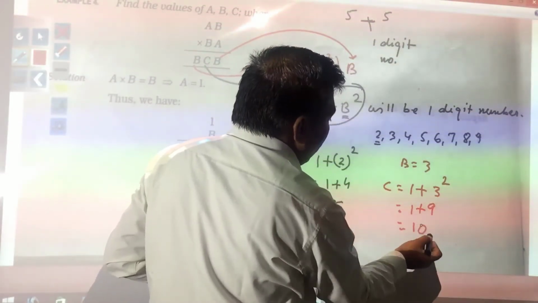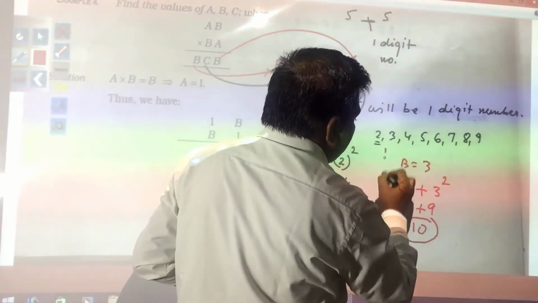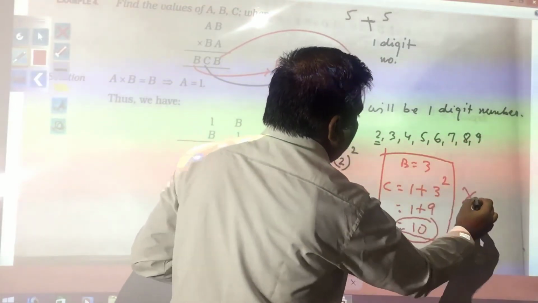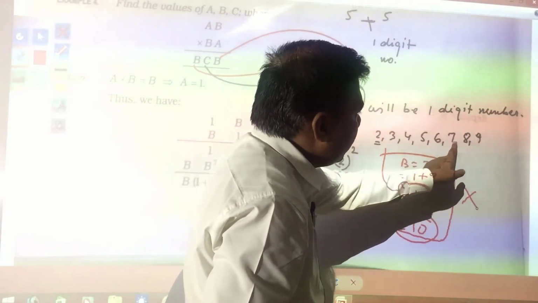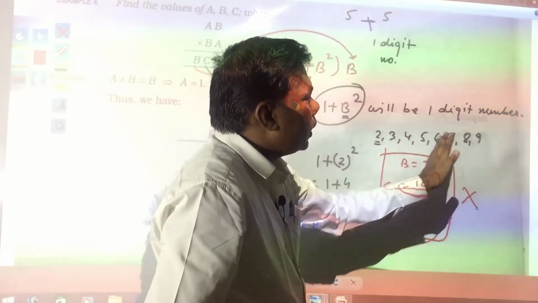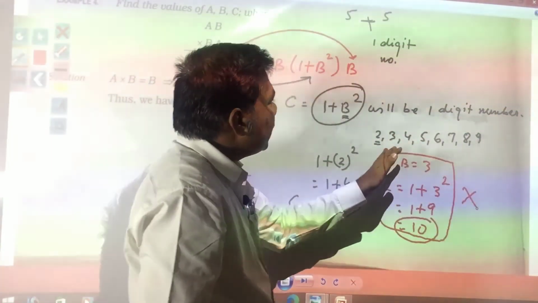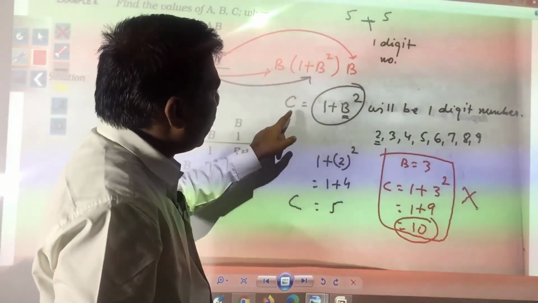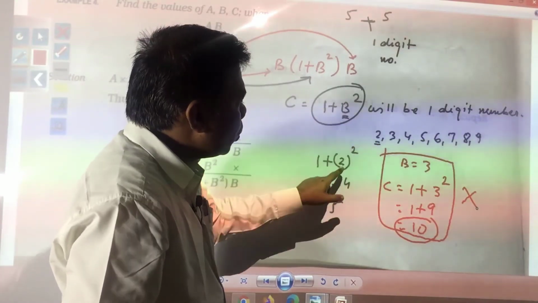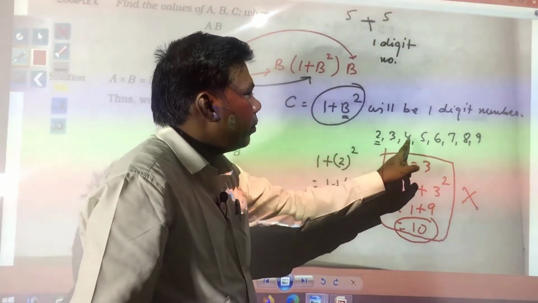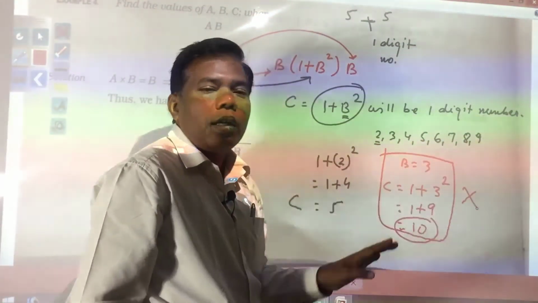So C cannot be a 2 digit number, and that is why if you put these other values also, you will get a 2 digit number. C cannot be a 2 digit number, and that is why the value of B would be 2 only, not 3, 4, 5, 6, 7, 8 or 9.